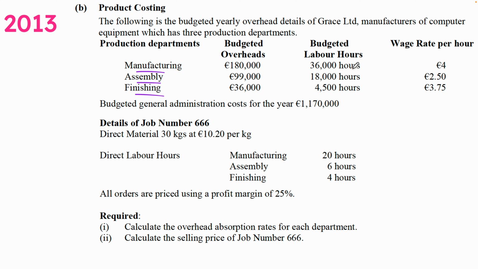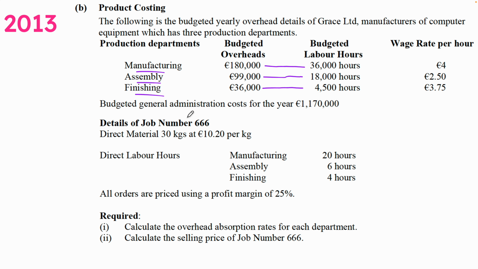And you've got the budgeted labour hours in each department, okay? So 36,000 hours in manufacturing, 18,000 hours in assembly and 4,500 hours in finishing. Then you've got your wage rates per hour, €4 in manufacturing, $2.50 in assembly, $3.75 in finishing.